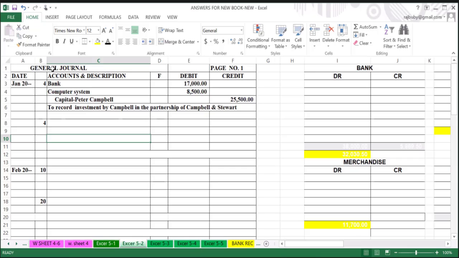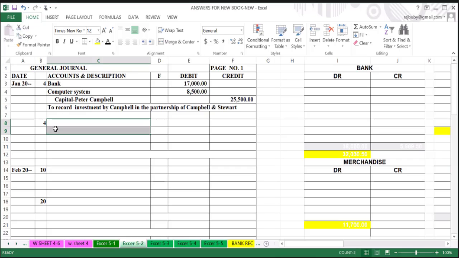Okay, January 4th, Brian Stewart invested 4,000 cash and 6,200 in accounts receivable and merchandise worth 12,000. Okay, firstly we should use the bank account, 4,000 cash, for debit.